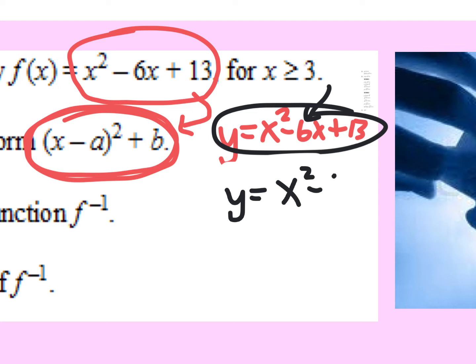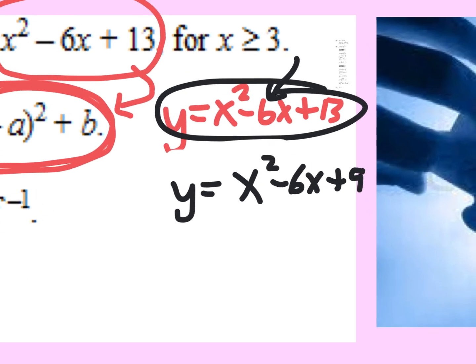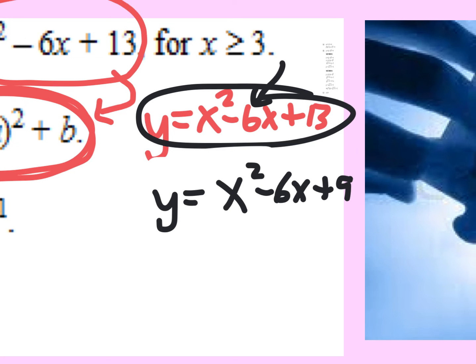So 9 is the magic number. Everybody write negative 6x plus 9. But wait, Mr. Server, you just changed a 13 into a 9. Can you do that? No. So here's how you can make that right. I just added 9 here because this part right here now will factor. And if you can factor it, you should.